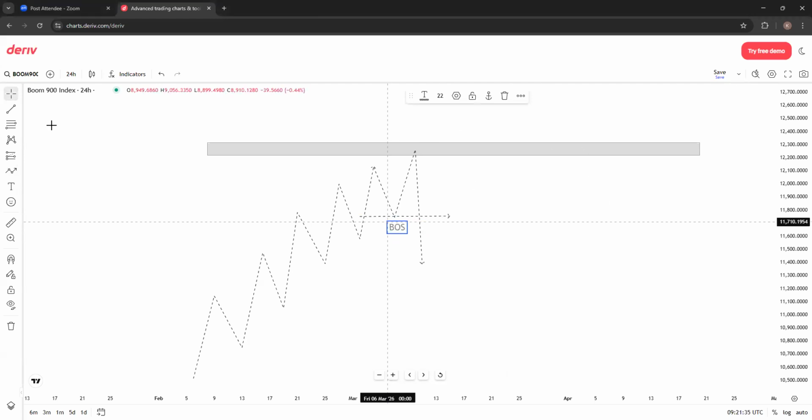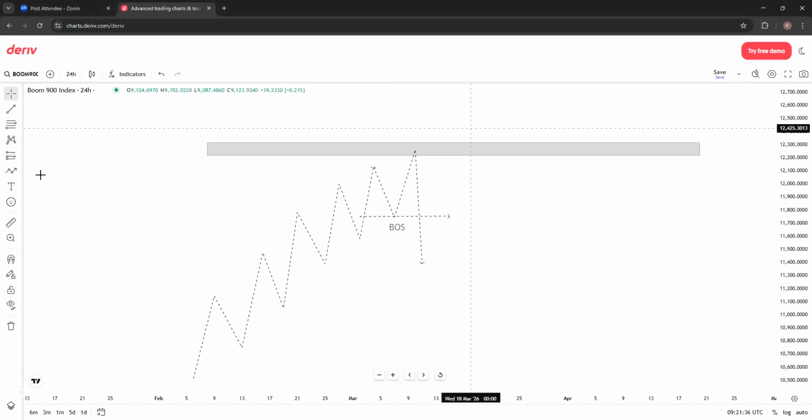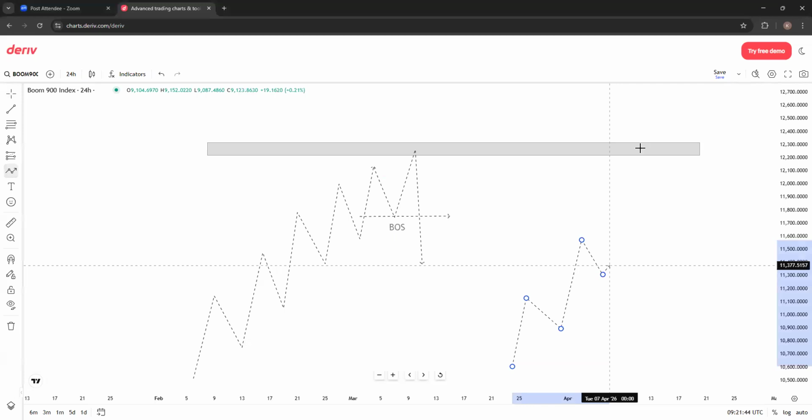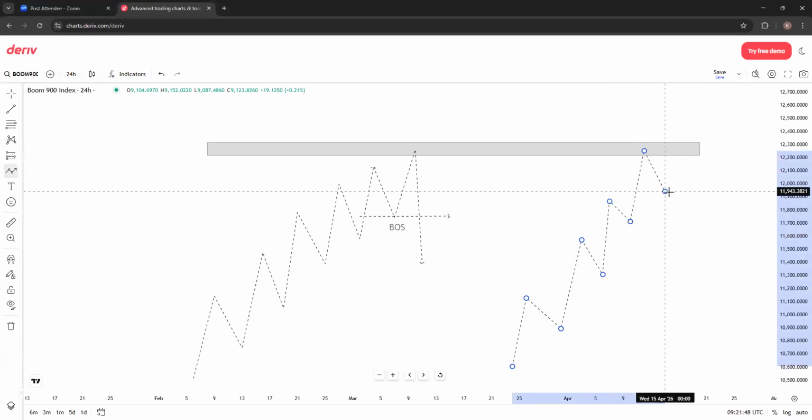Right. But then we can have another scenario where we have a high, a low, a high, a low, a high, a low, a high, low, a high. And since we know that this is supposed to be a low, what you witness is it will fail to come and break the high over here, right?